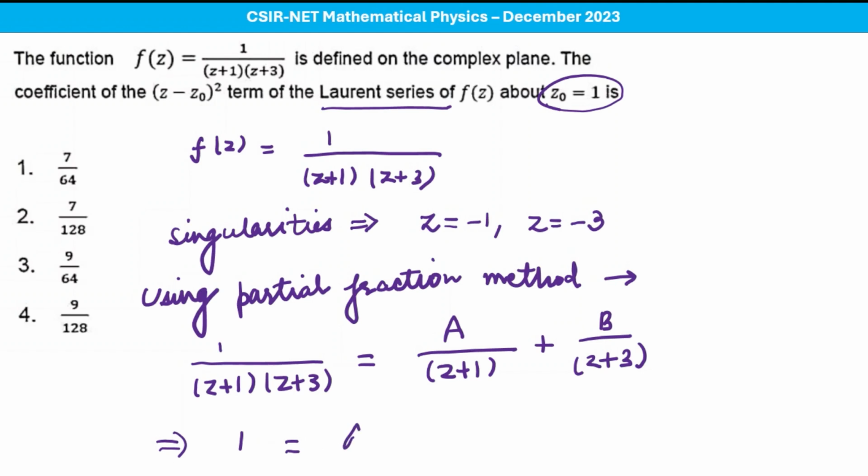So 1 is equals to a into z plus 3 plus b into z plus 1. Now, if we put z is equals to minus 3, then the first term will be 0 and b is equals to minus 1 by 2.